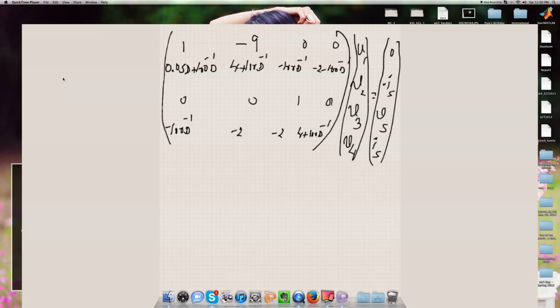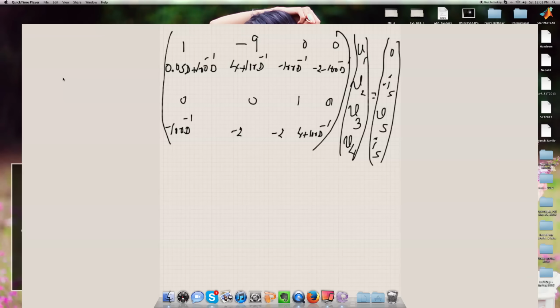So we have a 4 by 4 coefficient matrix, which, as it turns out here, is admittance. This is admittance times the voltage vector equals the source current.